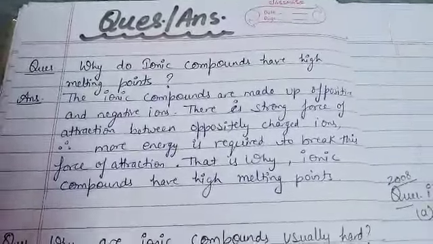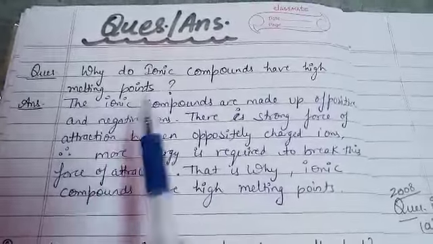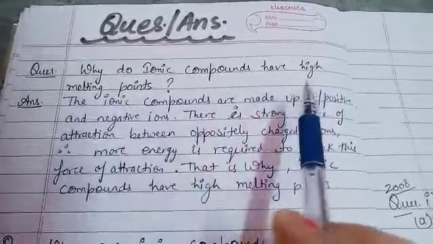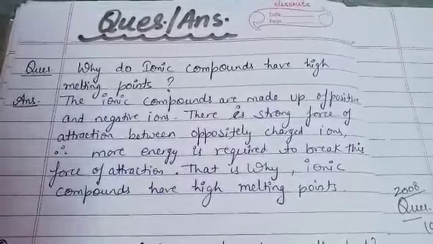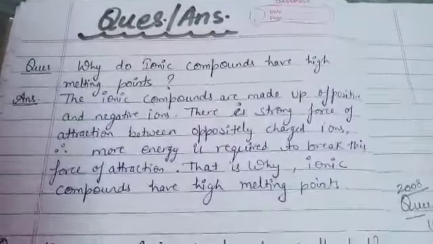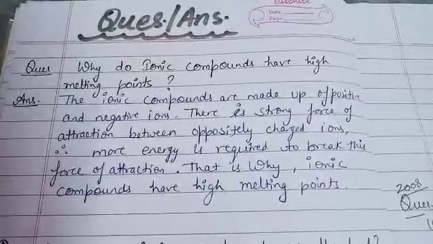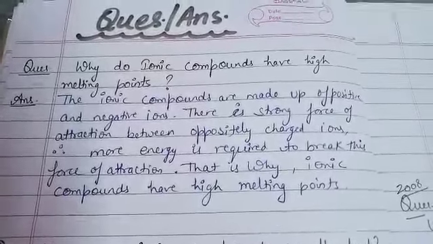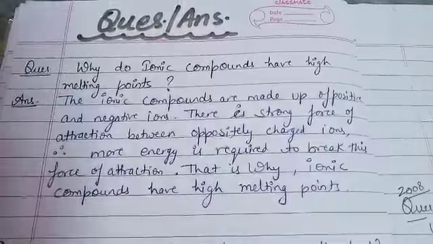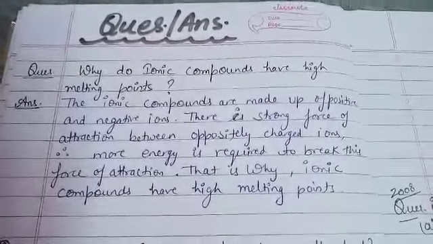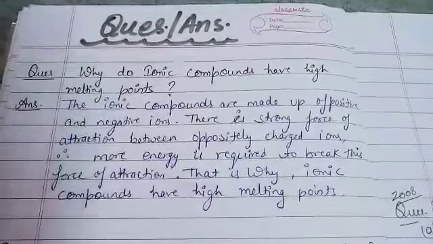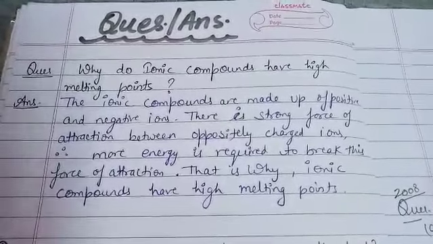Now just see, this one question is, why do ionic compounds have high melting point? We know ionic compounds have high melting point, but why? As we know, ionic compounds are formed by the combination of ions, positive ions and negative ions, and you know opposite charges attract each other and same charges repel each other.